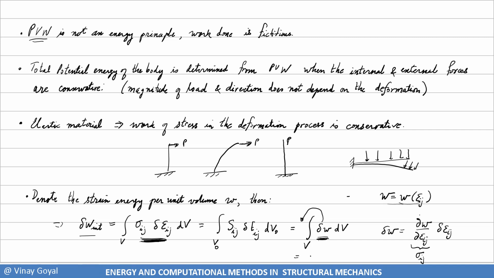But I can bring del outside again, and if I do that, that's integral v small w dv, and I'm going to call this whole thing U, so I get del U here on the left-hand side. And U here represents the strain energy stored in the body due to the elastic deformation that I have. So del W, internal virtual work, equals del U, and U here is the strain energy stored in the body due to an elastic deformation.